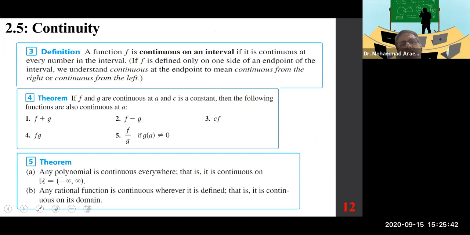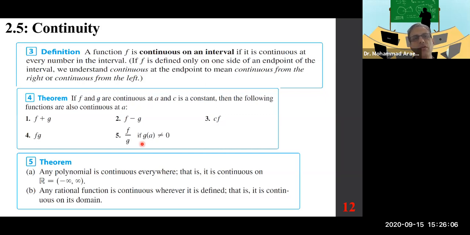First, here's some definition. I mentioned the definition of continuity on an interval. The function is continuous on an interval if it's continuous at every point of that interval. The other thing is that if we know a function is continuous at a specific point, then any combination algebra of functions is also continuous.